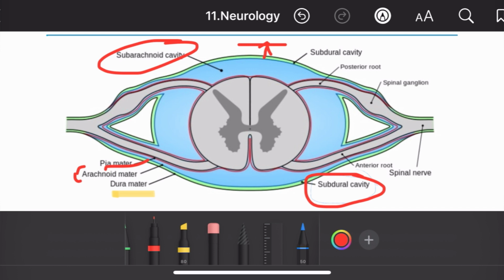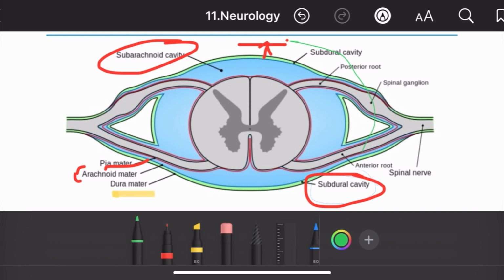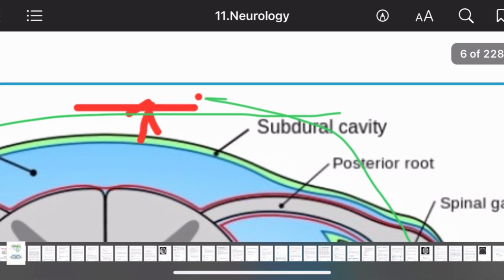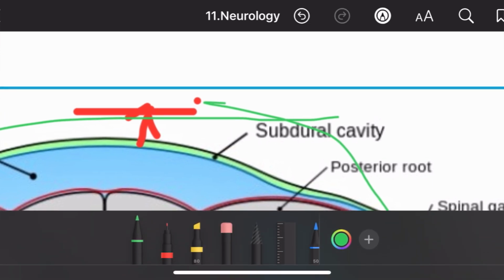Suppose you draw the vertebral column like this, a schematic diagram, suppose this is the vertebral column. What we have to observe here is that we don't have a nerve or spinal cord here, but we have CSF here.